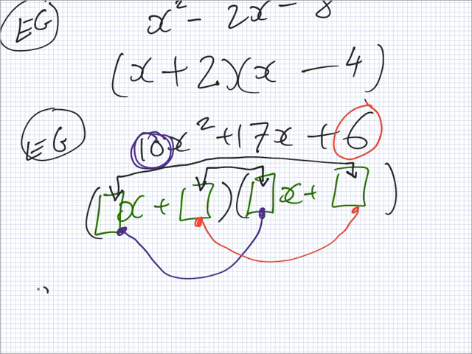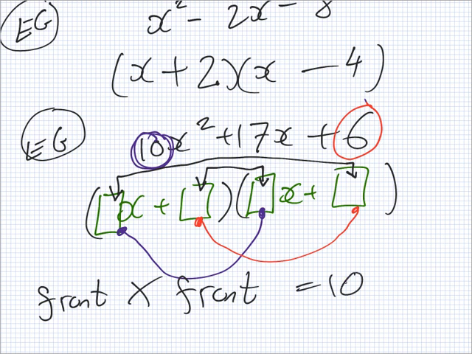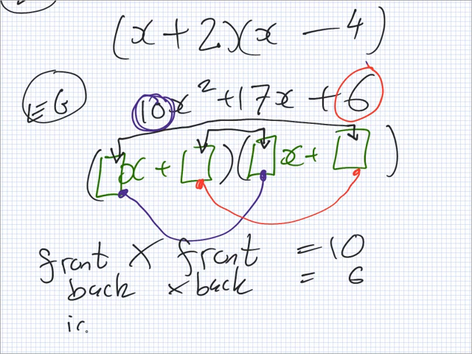But then what you need to do is multiply these and add them to the multiplication of these two. So front by front must equal 10, and back by back must equal 6, and then what I call the inner plus the outer must equal 17. Now there's so many combinations here.